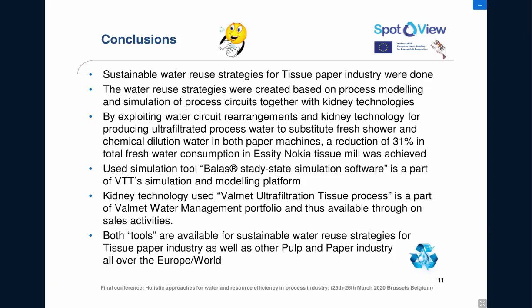Both tools are available for sustainable water reuse strategies in tissue paper mills, but of course in every pulp and paper mill, in Europe but also in the whole world. So that was a very fast overview of our new strategies in the tissue mill, here mainly in the Nokia mill, Finland. Thanks a lot.